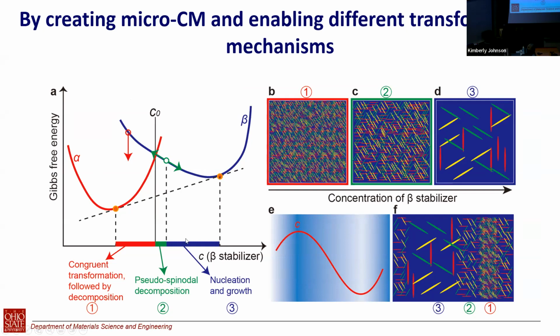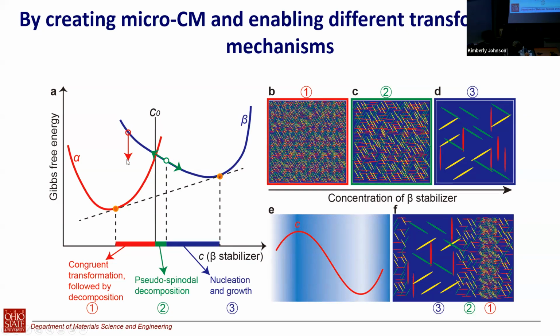Depending on where the alloy composition is, you can have different mechanisms. Suppose this is a titanium alloy. My high temperature parent phase is the beta phase, BCC. Low temperature is going to be alpha, HCP. Now my alloy composition is within this red region. Then my parent phase has a higher free energy.